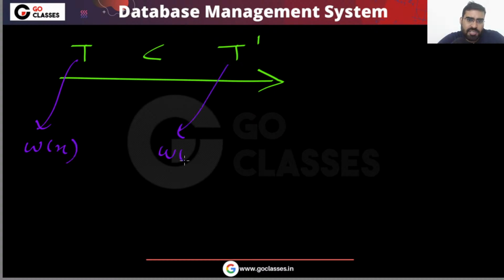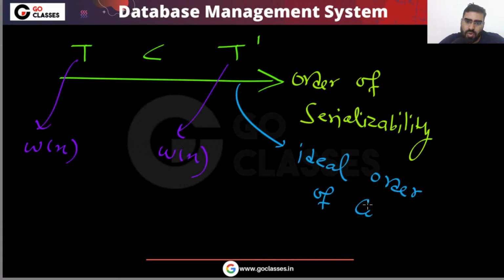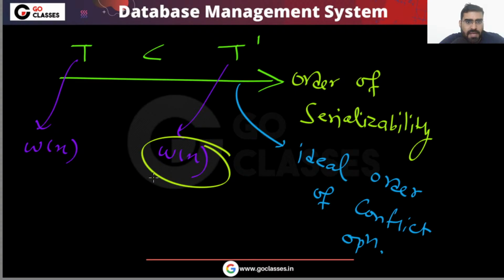This is the order of serializability. Now you tell me, if things happen in this order, who should do the final write of X? This is the ideal order of conflict operations. So definitely this T dash will do the final write of X. So you can notice this is the final write of X.